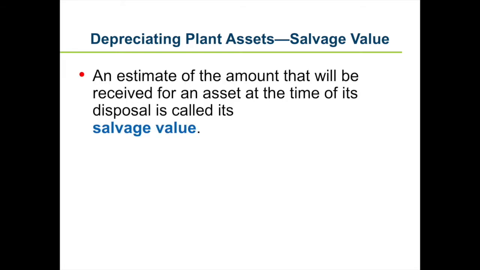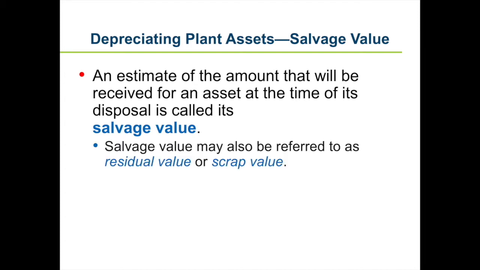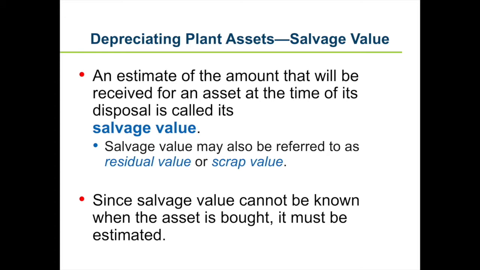An estimate of the amount that will be received for the asset at the time of its disposal is called its salvage value. Salvage value is also referred to as scrap value. Since salvage value cannot be known when the asset is bought, it is estimated.